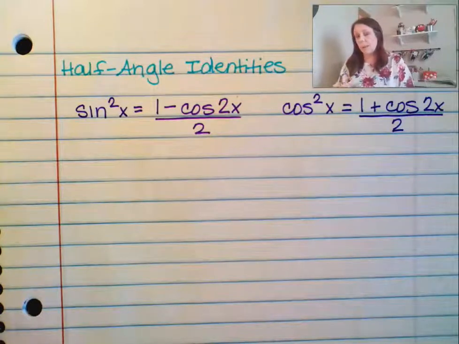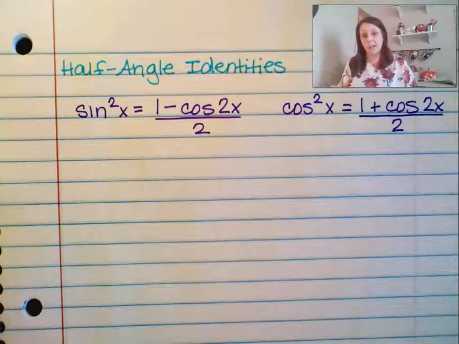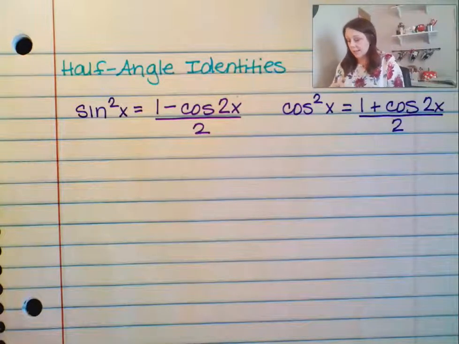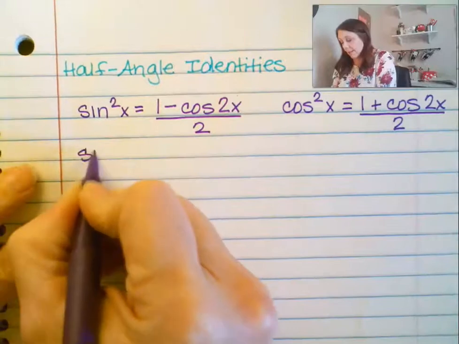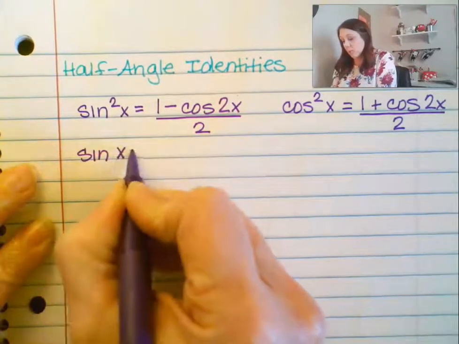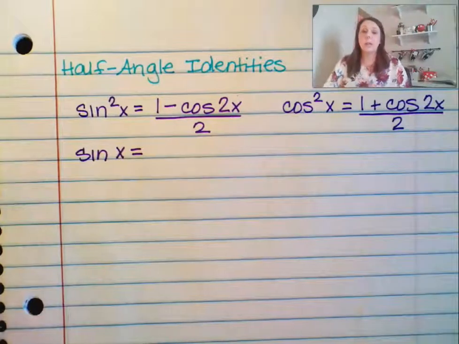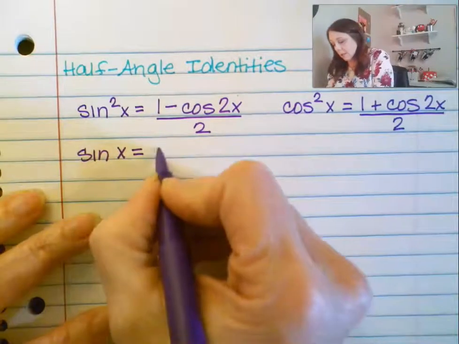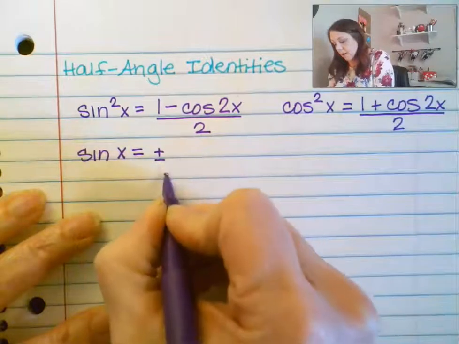So in this case, when we apply the square root to the left side, sine squared of x, that's going to produce a sine of x. When we take the square root on the right side, remember that whenever you take the square root of both sides of an equation, you have to have a plus or minus. So we have the same thing here.